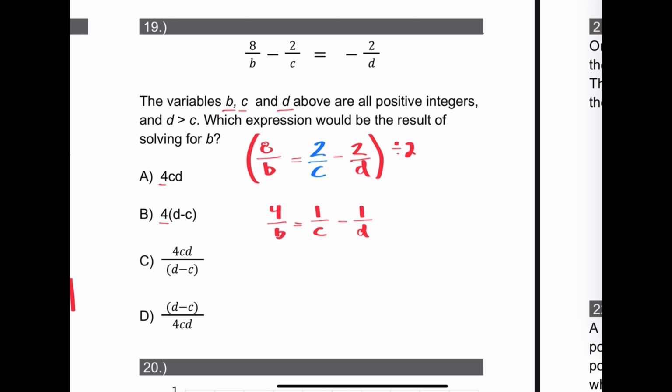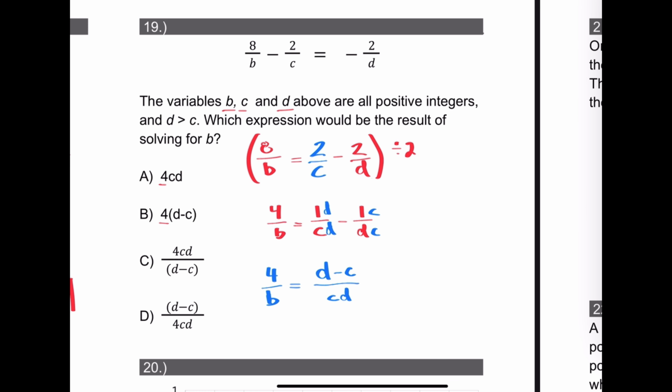None of their answers have the fractions separated, so we actually want to combine that right side. We're going to use our rules of fractions, multiply both of those by d and both of these by c, so that we can combine the denominators there. And we're going to end up with d minus c in the numerator and a simple cd in the denominator.